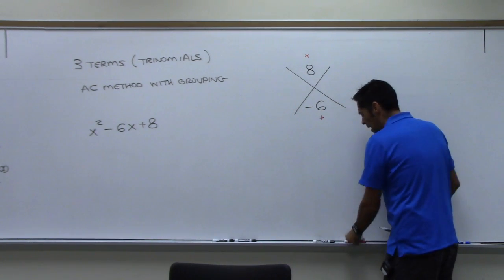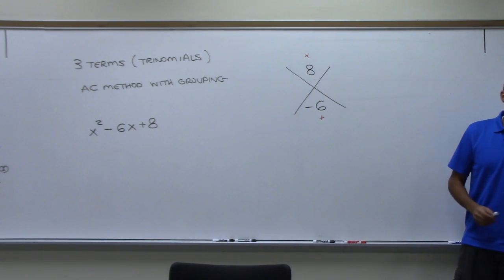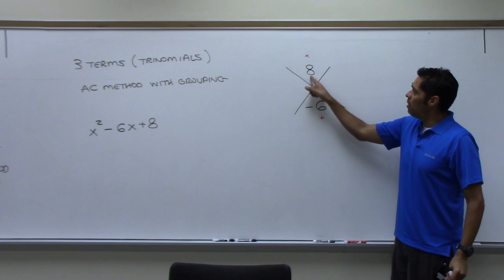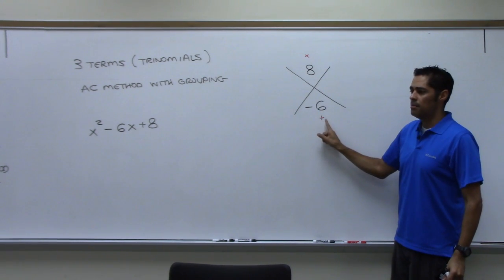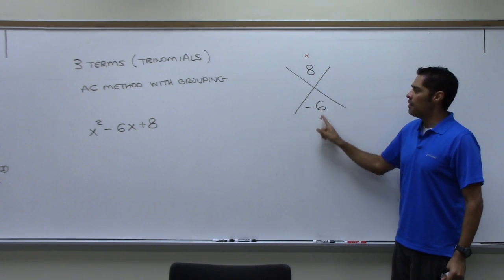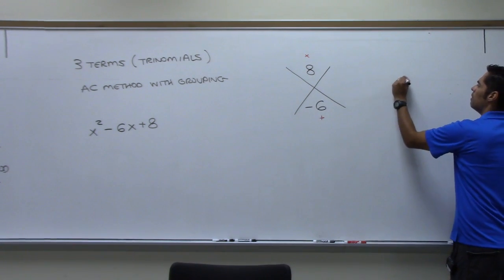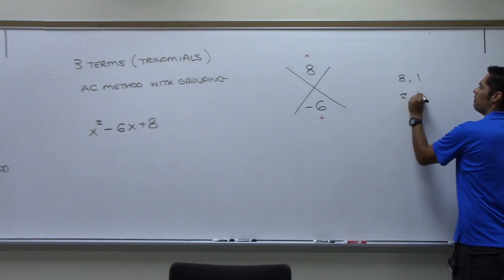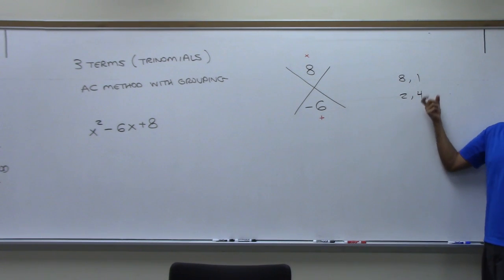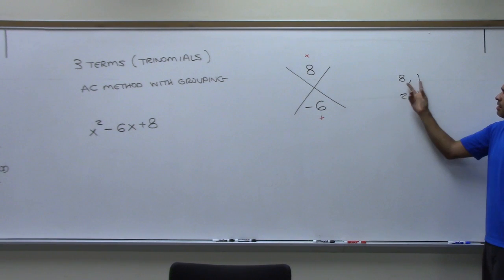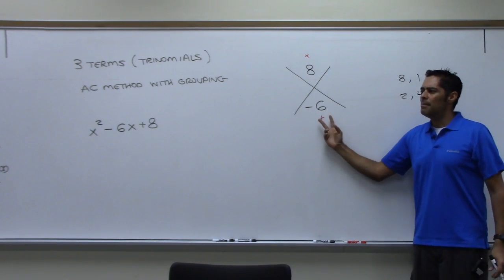I need you to mentally come up with two numbers that will multiply to be this and add to be this. So I think the obvious choices for numbers that multiply to be 8 would be 8 and 1, 2 and 4, right? Those are the only numbers you can think of that multiply to be 8. But I need these numbers to add to be a negative number.